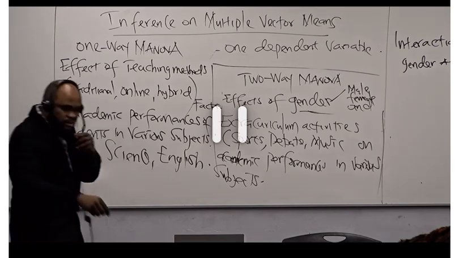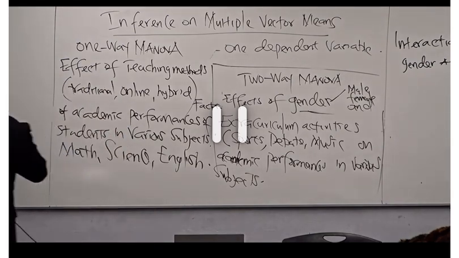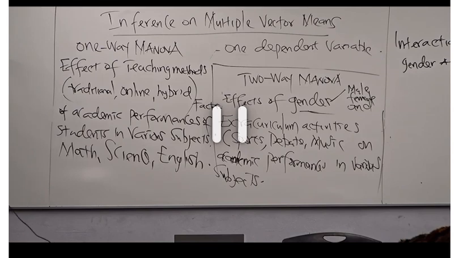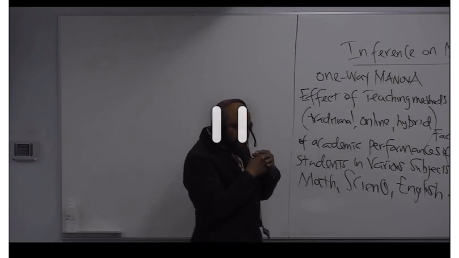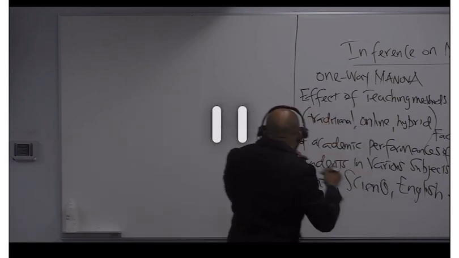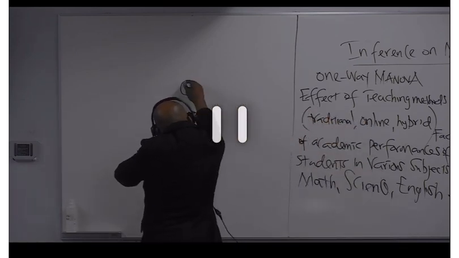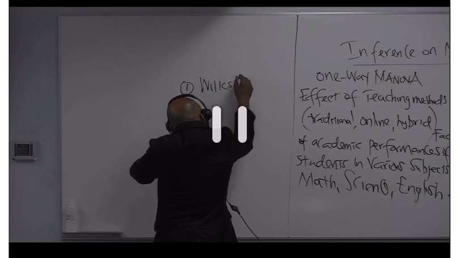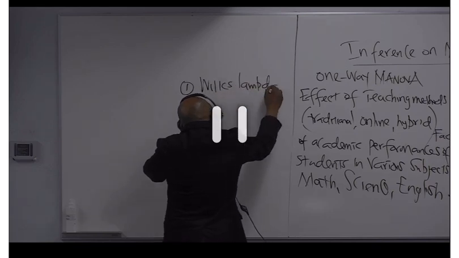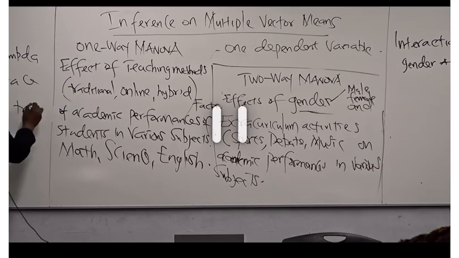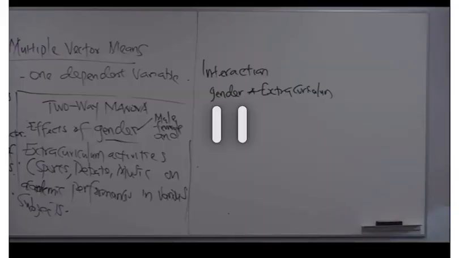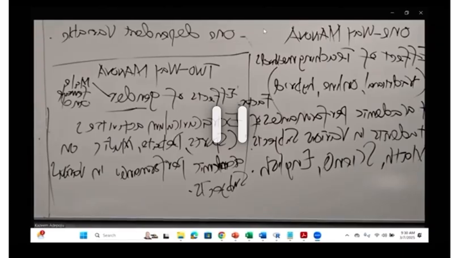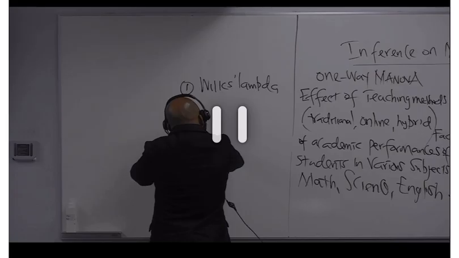Number one, we have Wilks' lambda statistic. We have Pillai's trace. We have Hotelling's trace, and we have Roy's largest root.